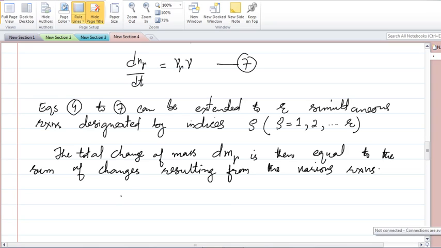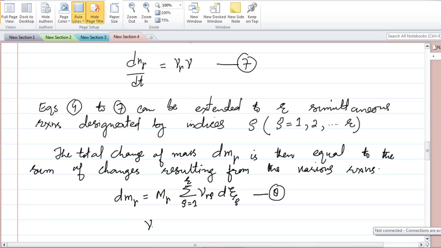That means if R reactions, or simultaneous reactions, are taking place, we can write dm gamma will be equal to m gamma, summation, the reaction starts from number 1 and goes up to R, mu gamma rho and d zeta rho. So suppose this is equation number 8.